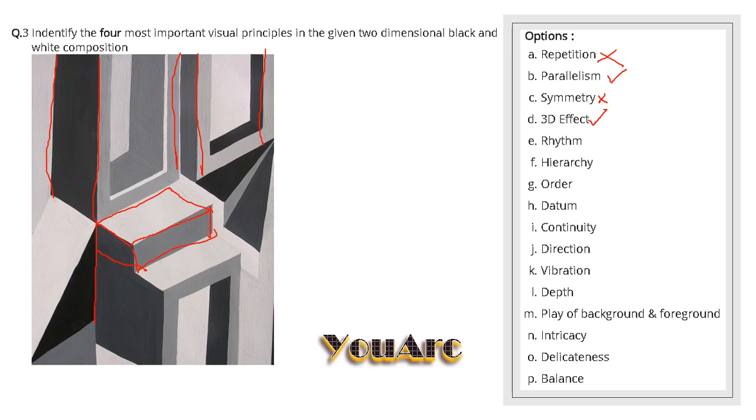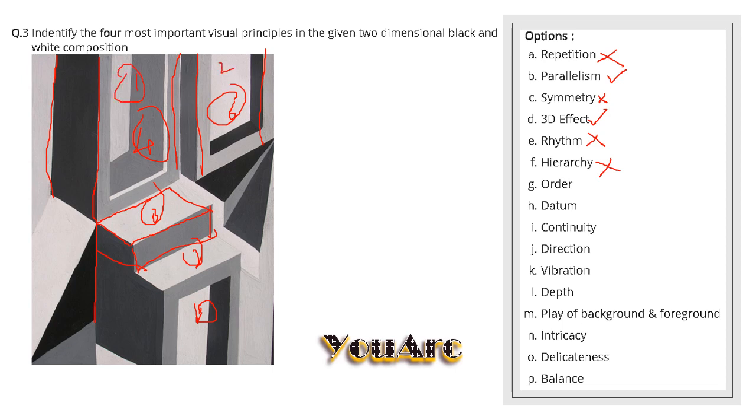We don't have any rhythmic pattern happening here according to me. Hierarchy, no, I don't feel any hierarchy here. Order, can we feel any order? Maybe we can feel some order here, because first, second, third level, fourth, some order is maintained, fifth, or it can be one, two here.